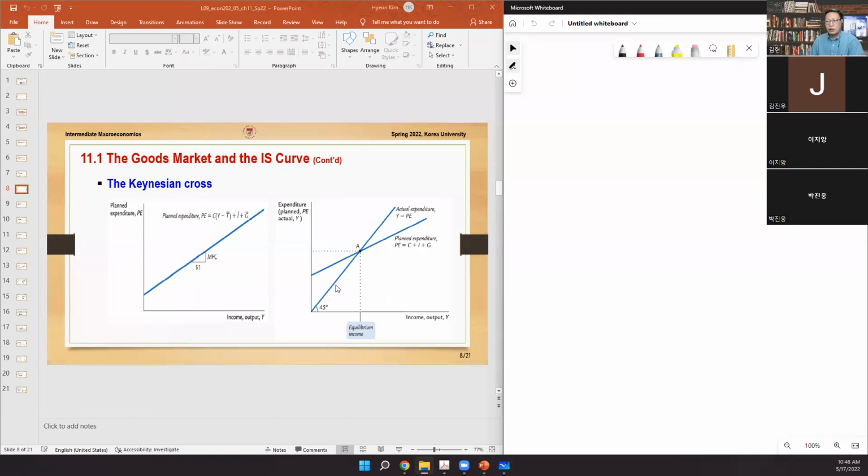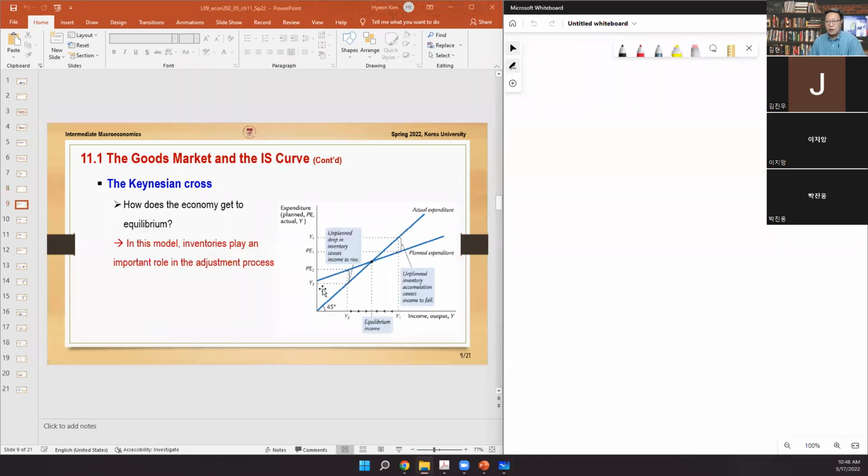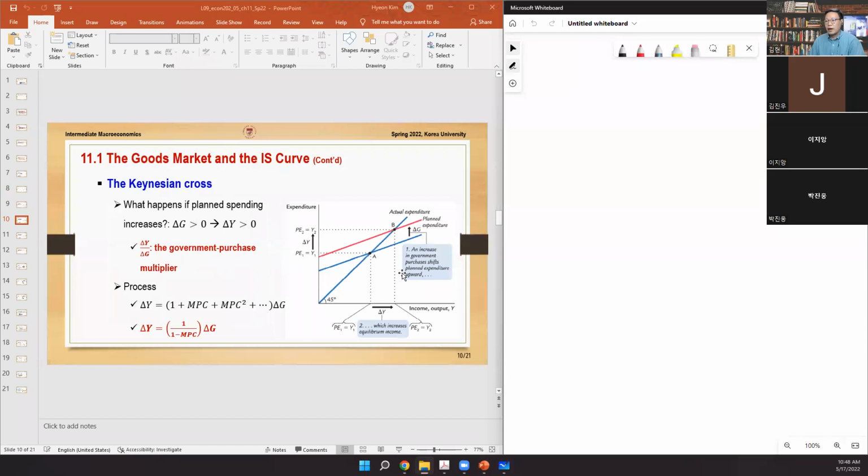Since we have two different slopes, mathematically we can understand that they converge into an equilibrium point. At that point, the mismatch is labeled unplanned inventory investment. So this is the operation. After that, we would like to capture what happens to our new equilibrium point.